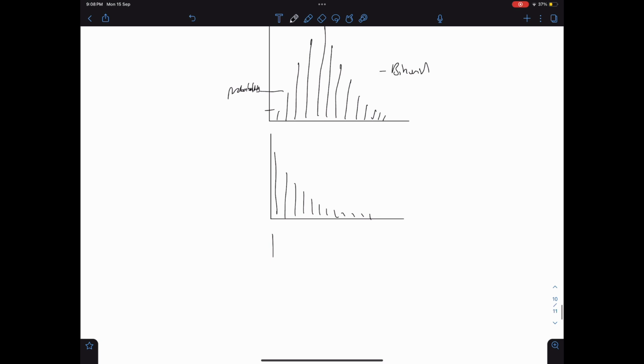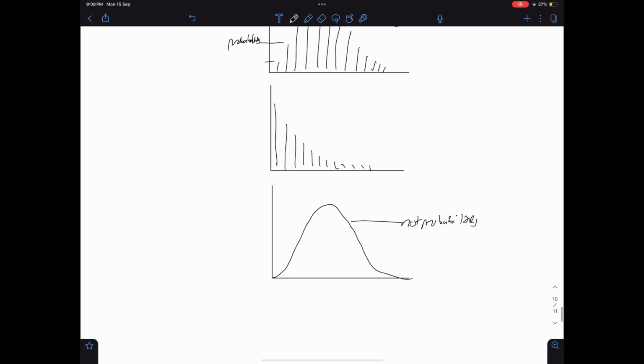But for a normal distribution and any continuous random variable in this distribution, these are not probabilities. It's called a probability density function, so it just tells you where a lot of values are, and area under the curve is probability.